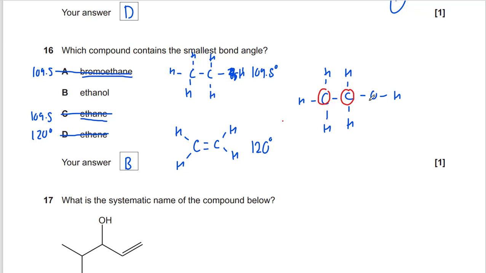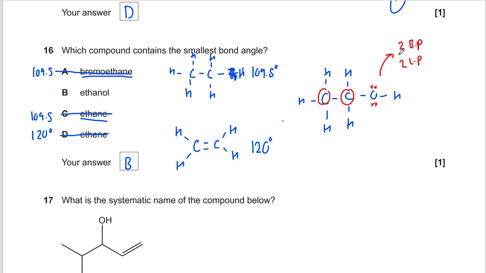The difference is with the oxygen, because the oxygen has 2 bonds, one to the carbon, one to the hydrogen. So the oxygen has 2 bonding pairs, and oxygen also has, which we never seem to draw on, but it does have them, 2 lone pairs of electrons.